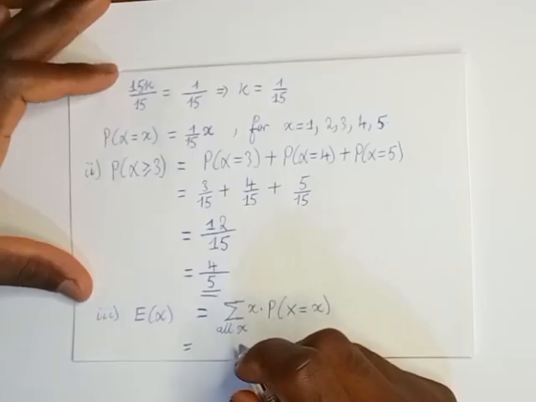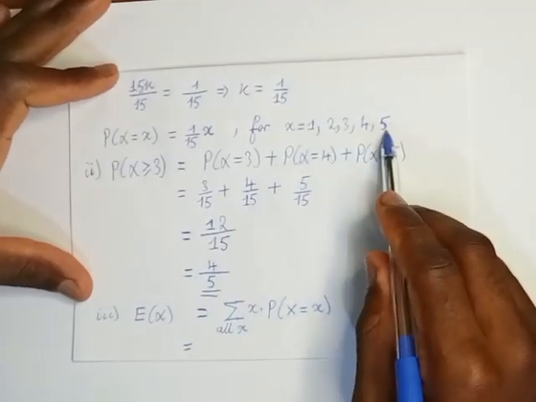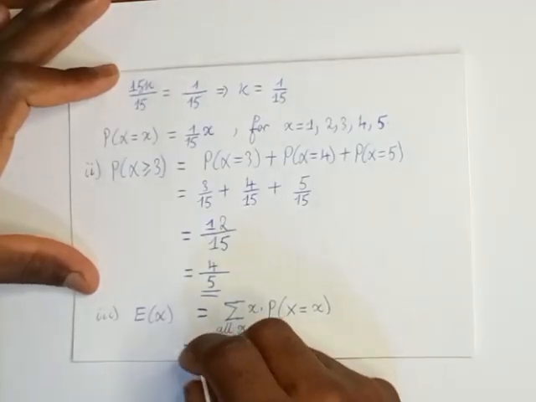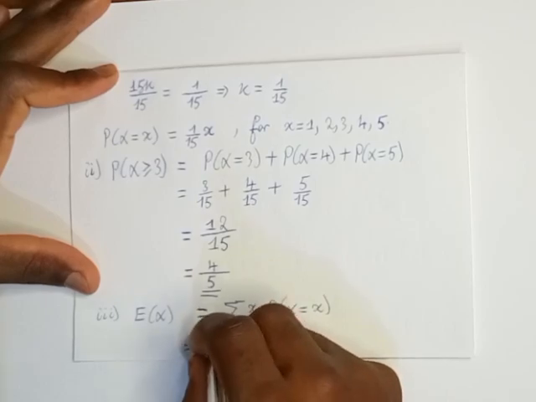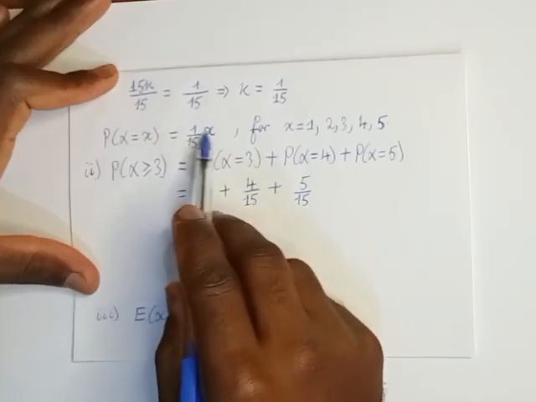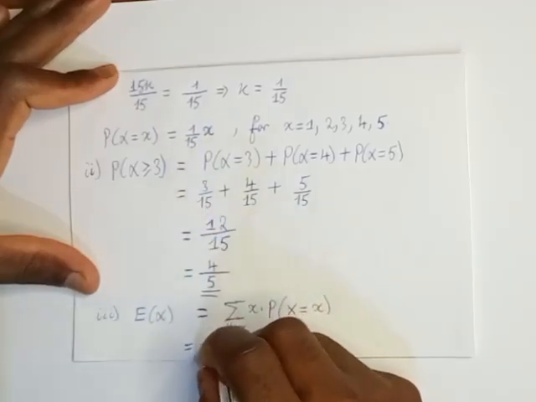We know that x takes values from 1 to 5. We take the first value of x, which is 1, then multiply by the probability when x is 1, which is 1 on 15.